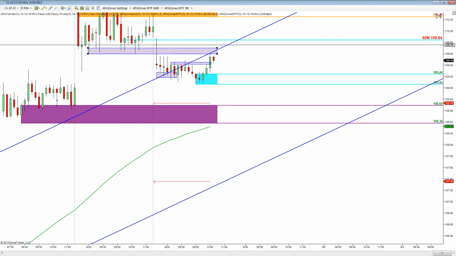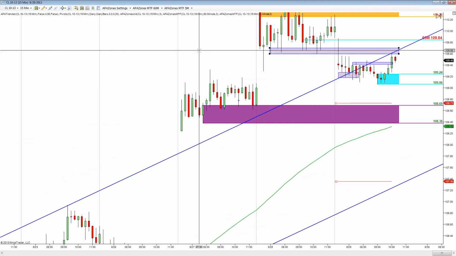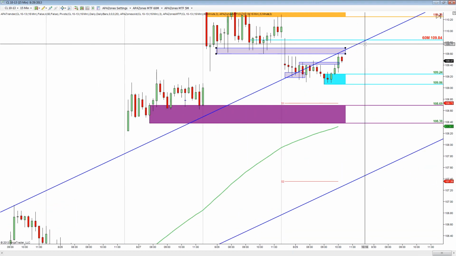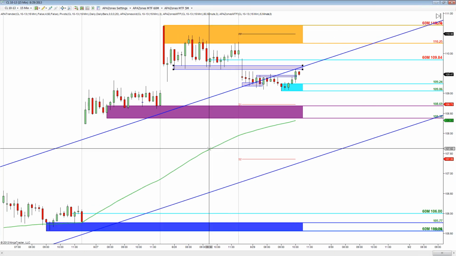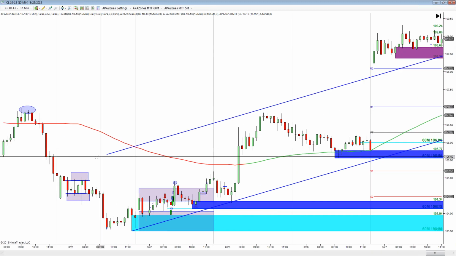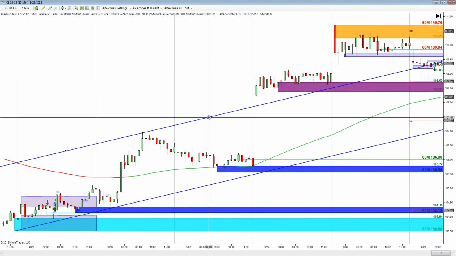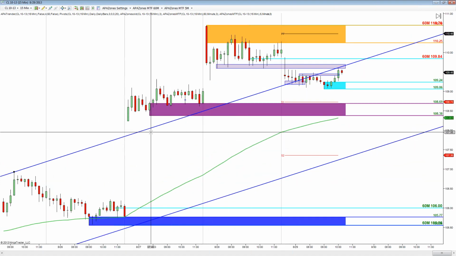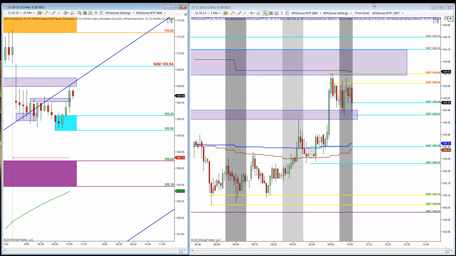Plus it looks like it's the top of my channel line, but I don't know about the channel line, because this thing's really stayed outside of the channel line for quite a time. Even though it technically looks pretty as far as a possible channel line goes, this line could be anywhere, and I don't really like this line here at all, but it's just one of those possibility type of things.